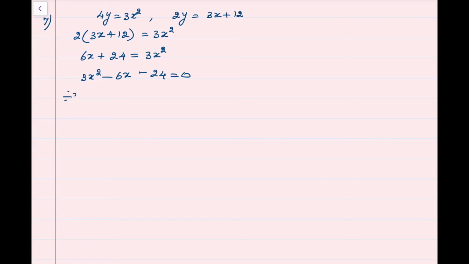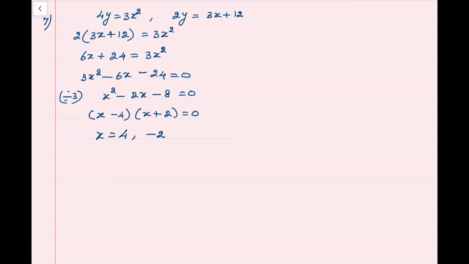Let us divide by 3. X square minus 2x minus 8 is 0. The factors are x minus 4 and x plus 2. Therefore, x values are 4 and negative 2. We will find y values.